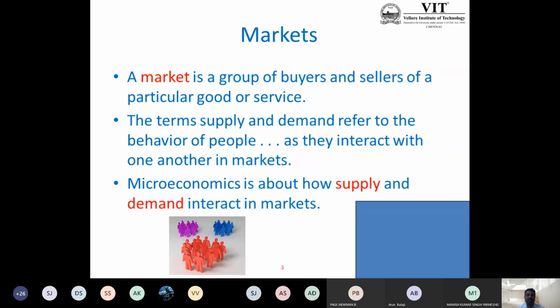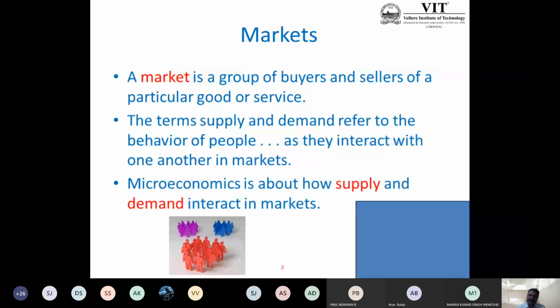A market is actually a group of buyers and sellers for a particular good or a particular service. For example, a haircutting salon is a market. Why? There is a person, the barber, to cut the hair. We people are going to take that service. A massage center is a marketplace. There are people who give massage, there are people who take massage.